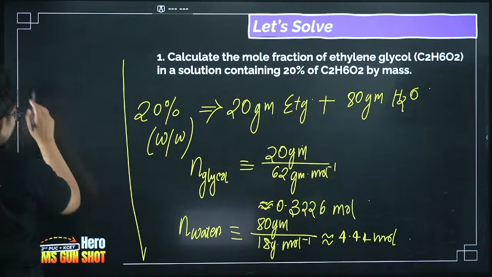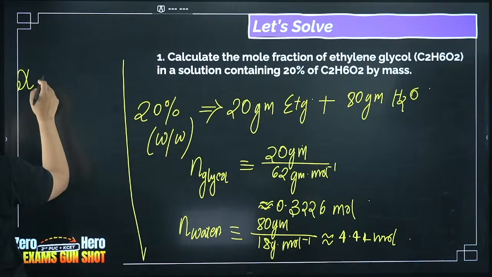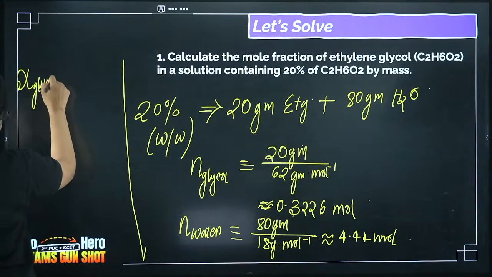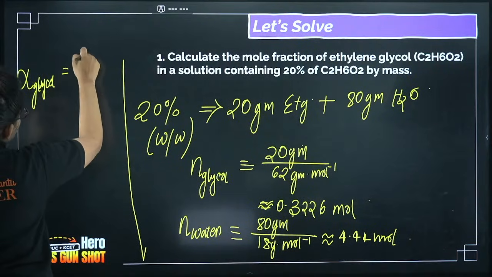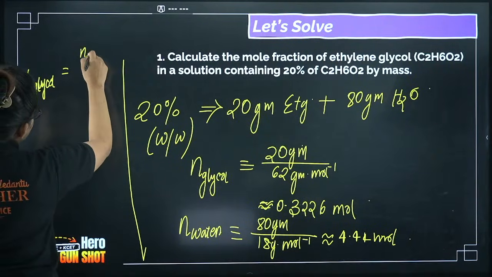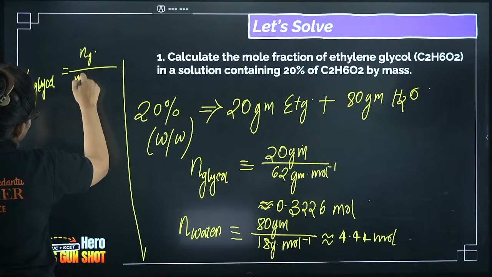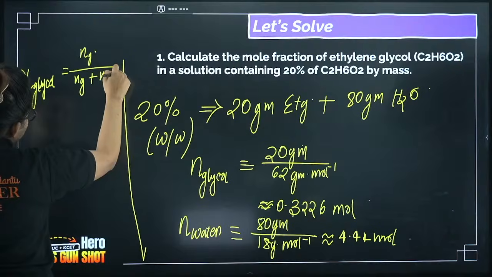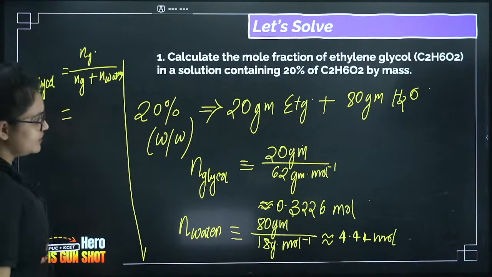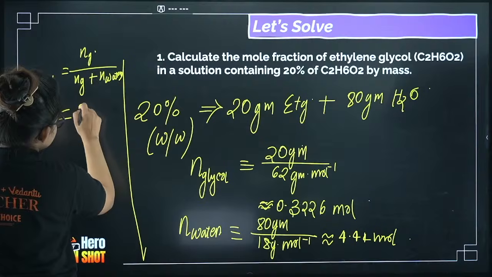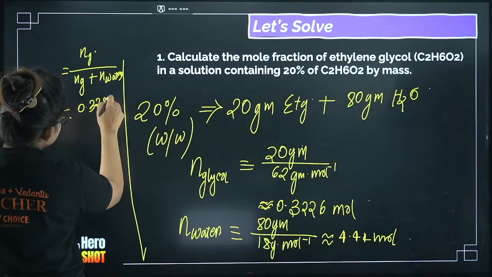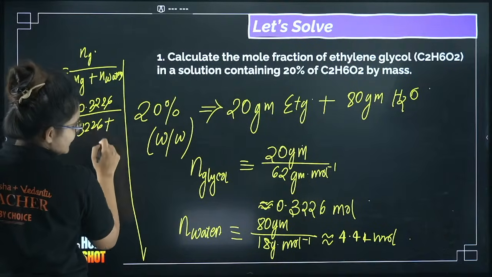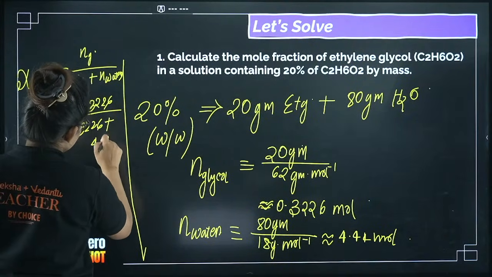Now the mole fraction. The mole fraction of ethylene glycol is the number of moles of ethylene glycol divided by the number of moles of glycol plus the number of moles of water. Now just put in the values: 0.3226 divided by 0.3226 plus 4.44.